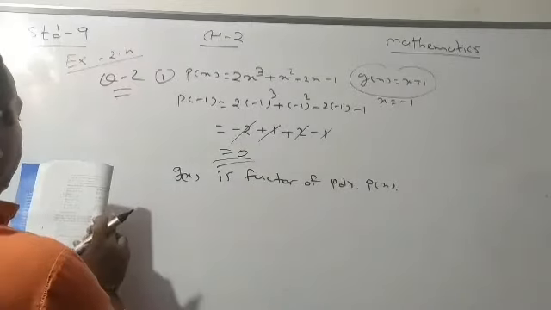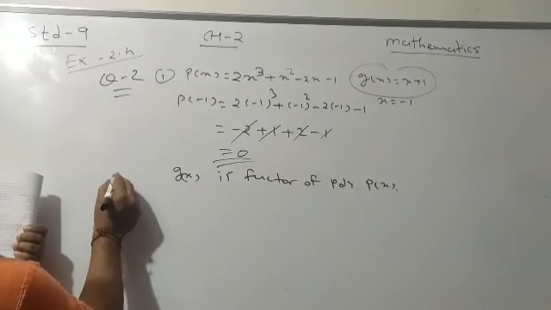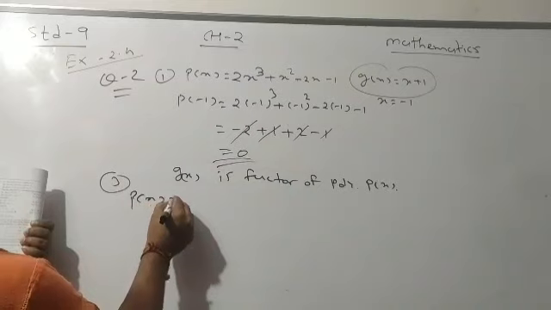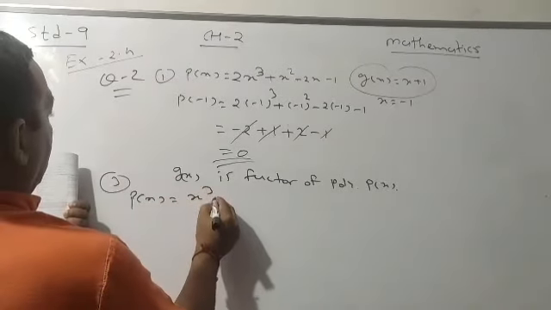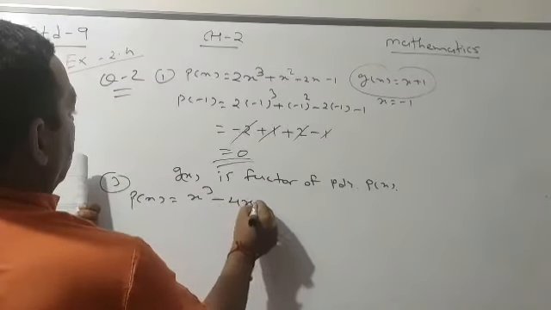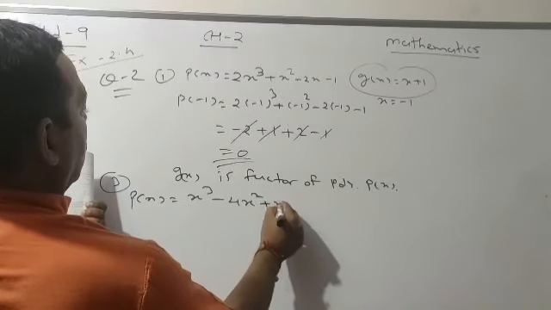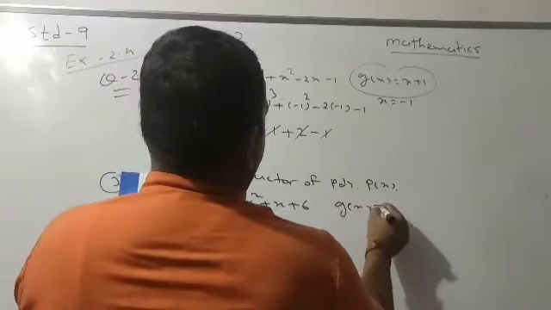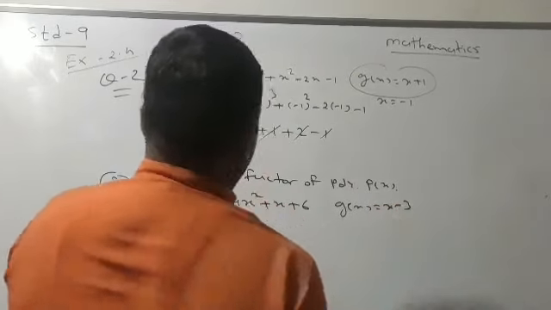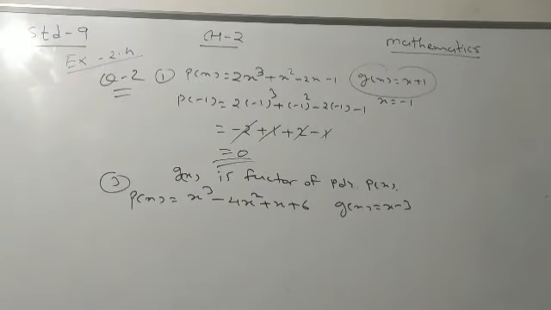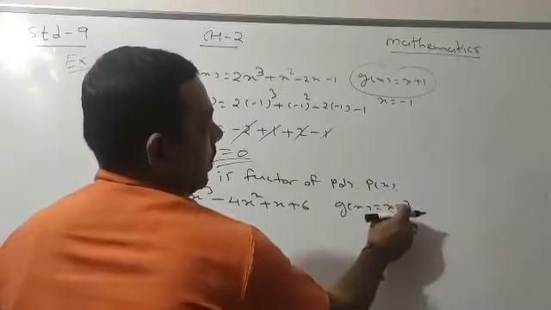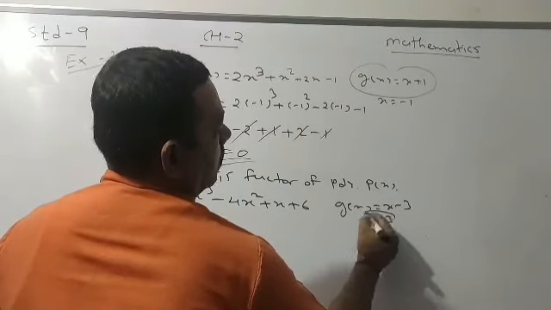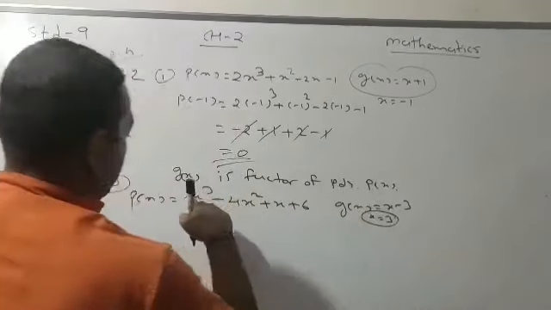In third question, px is given x cube minus 4 of x square plus x plus 6, and gx is given x minus 3. Now observe this. Because of this x minus 3, we can say that value of x is equal to 3, and that we will substitute here.